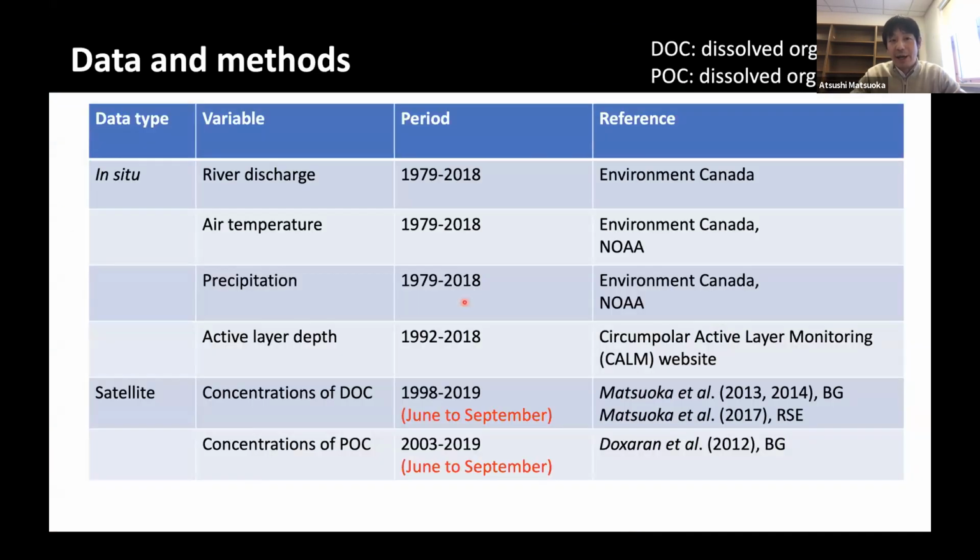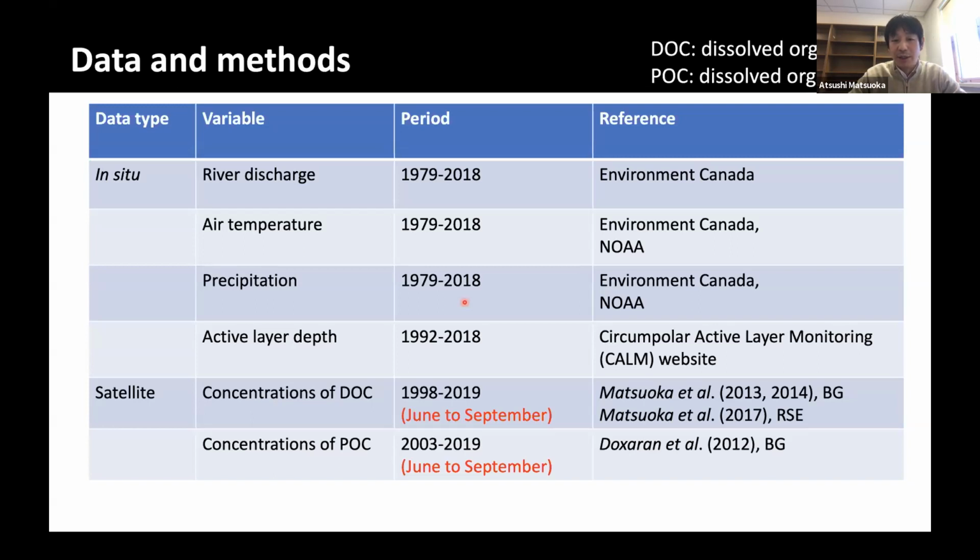So here are the data and the method that I used in this study. In situ data includes river discharge, air temperature, precipitation, and active layer depth. Satellite data includes concentration of dissolved organic carbon, DOC, and particulate organic carbon, POC.